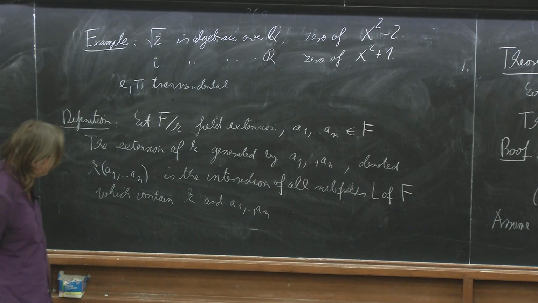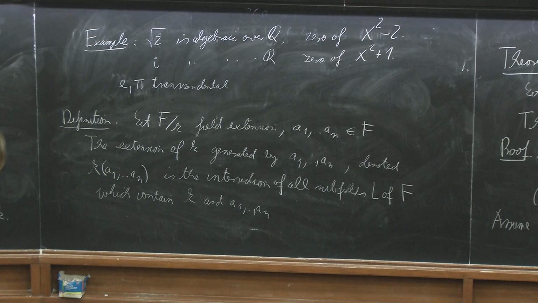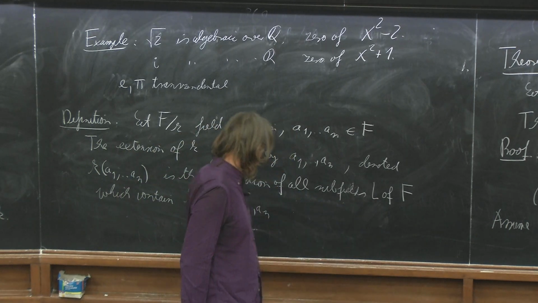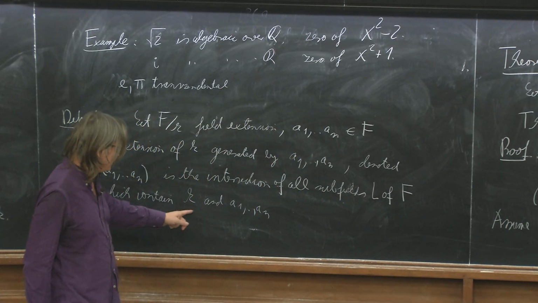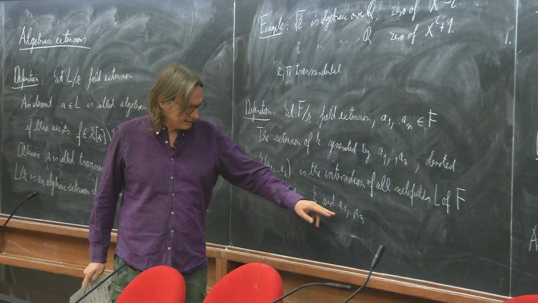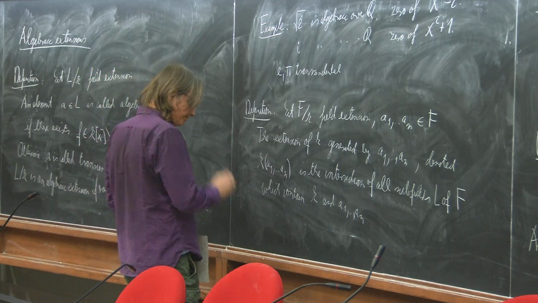And this also is true if we intersect possibly infinitely many subfields of a field. So this intersection of all subfields which contain K and A1 to AN will itself be a subfield of F, and it will contain K and A1 to AN. It will be the smallest subfield with this property.